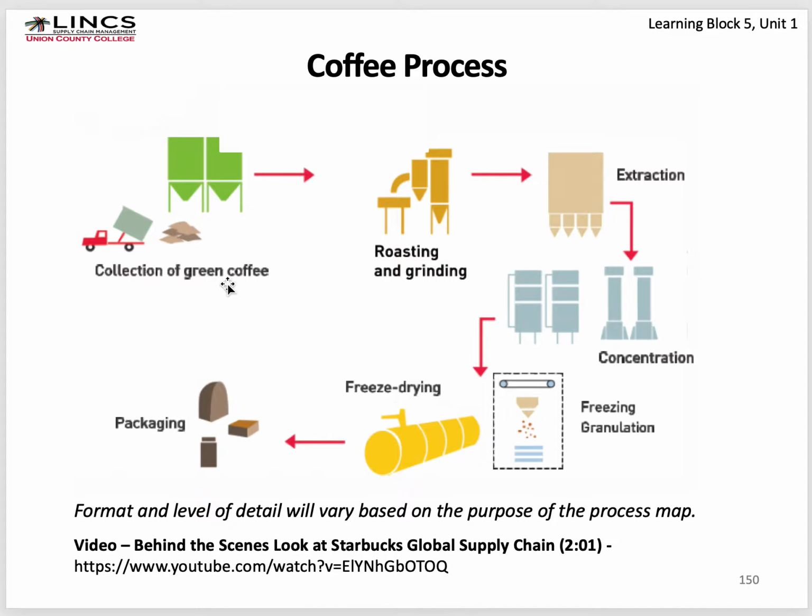So, every process has a start and a finish. If you didn't have this, it would be tilling the field, buying the coffee seeds, coffee beans as seeds, planting the coffee beans, nurturing the growth of the plants.